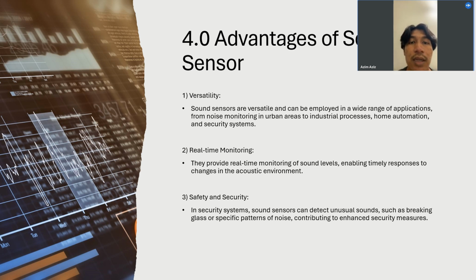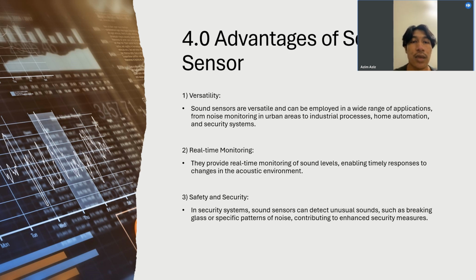Sound sensors are versatile and can be employed in a wide range of applications, from noise monitoring in urban areas to industrial processes, home automation, and security systems. Number two is real-time monitoring. They provide real-time monitoring of sound level, enabling timely response to changes in the acoustic environment.